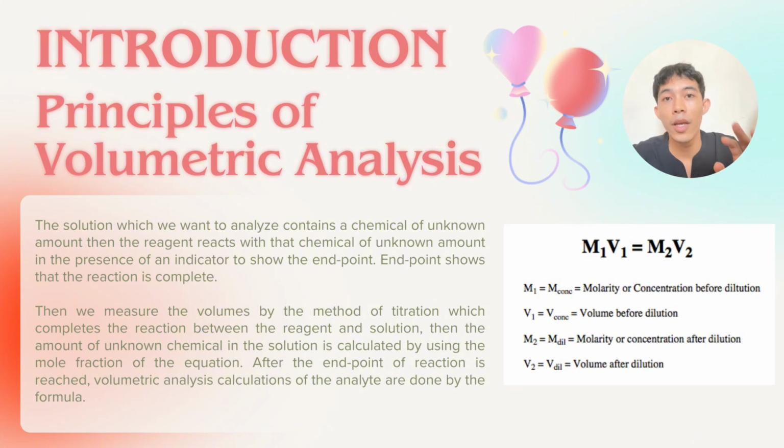The volumes we measure by method of titration, which completes the reaction between the reagent and the solution. Then the amount of unknown chemical in the solution is calculated by the mole equation, which is M1 V1 equals M2 V2. After the endpoint of the reaction is reached, the calculation of the analyte is done by the formula.